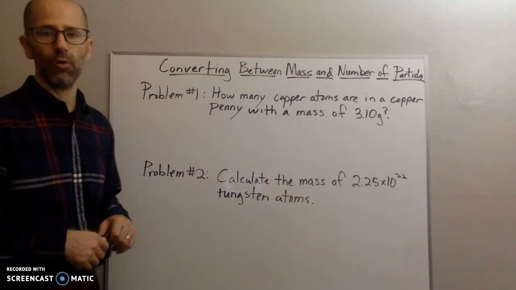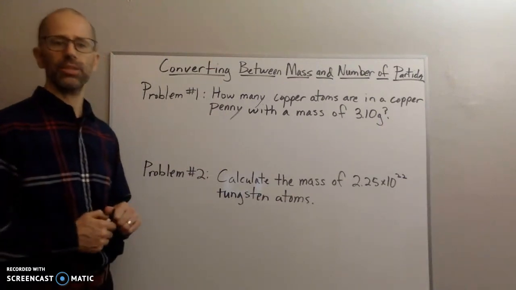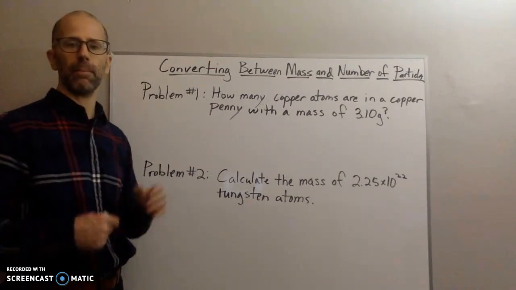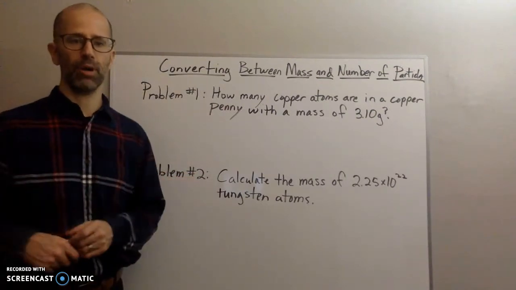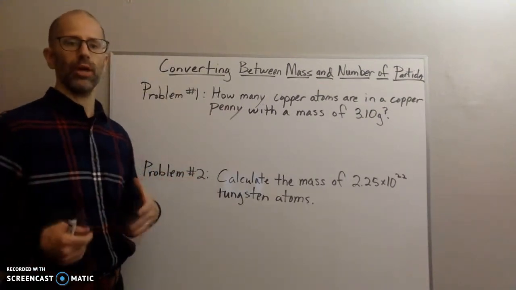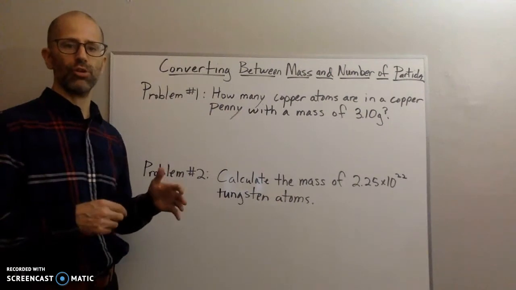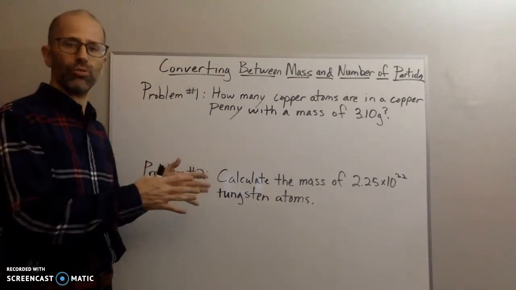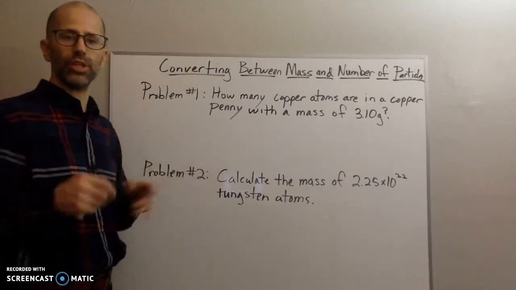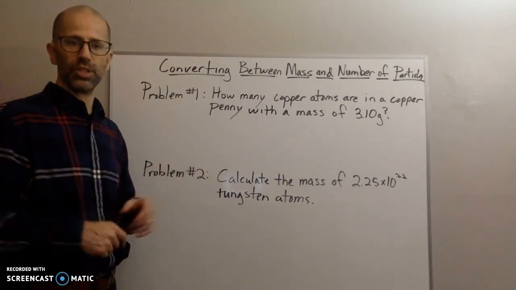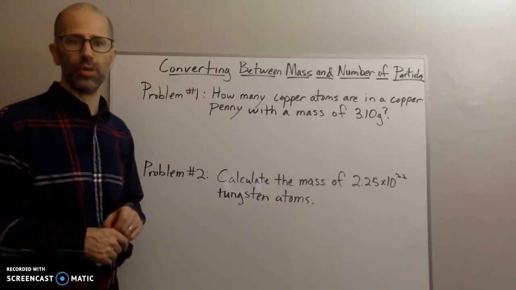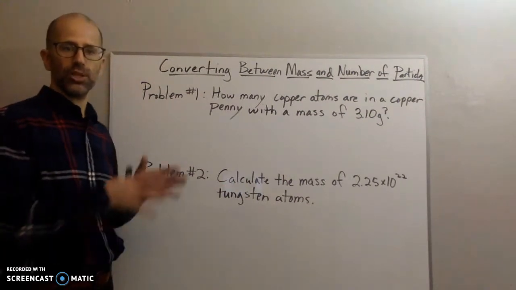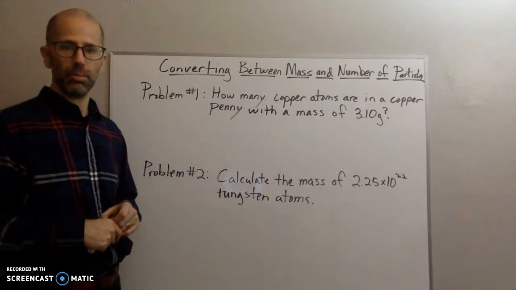I am Mr. Cobalt and today we are going to be talking about converting between mass and number of particles. So in the last couple of videos I showed you how to convert between moles and particles using Avogadro's number, 6.022 times 10 to the 23rd, because we know that 1 mole is equal to that number.